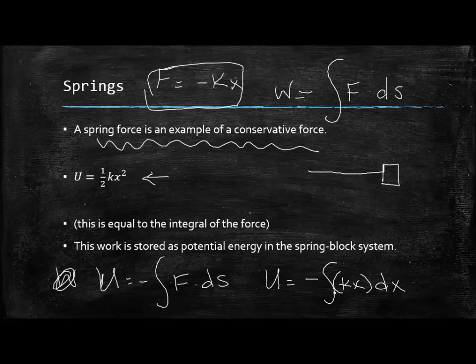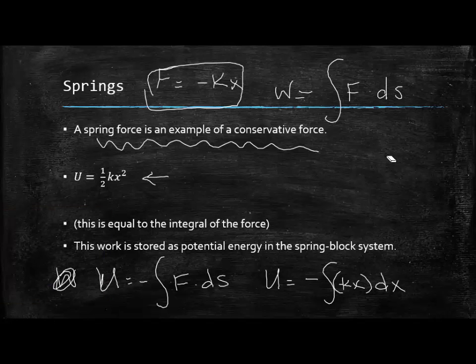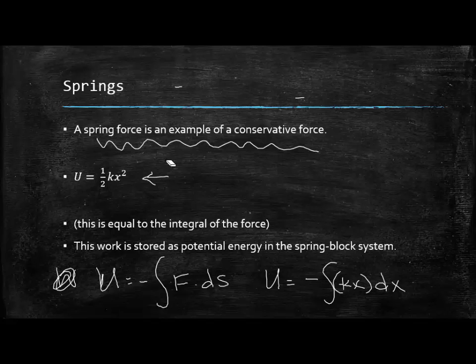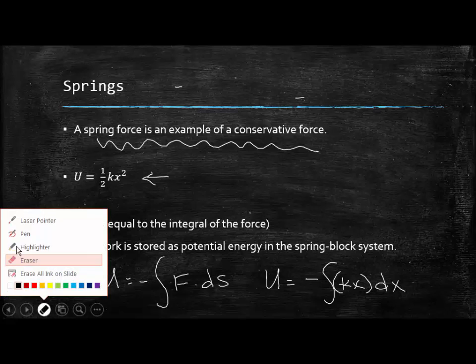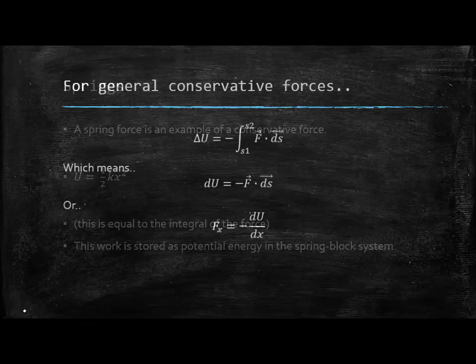Now, when we integrate that, we get 1/2 kx squared, which is where this expression comes from. There's some stuff on the next slide, but we're going to go through it pretty fast because I essentially just did the stuff that's on the next slide.